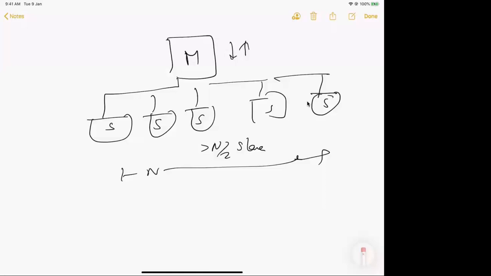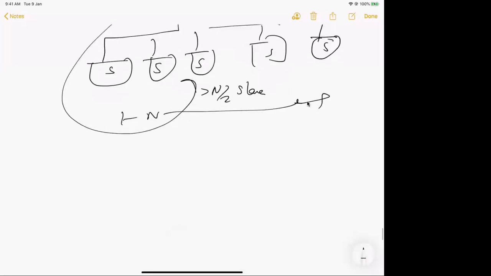What happens for reads? The read again is going to go to any of the random slaves. Now you tell me, if at least half of them had the entry, what is the probability that that entry existed in this slave box? What is the probability? It would be 1/2, right? So a 50% probability that this box will have the entry that you're looking for, if that entry actually existed.